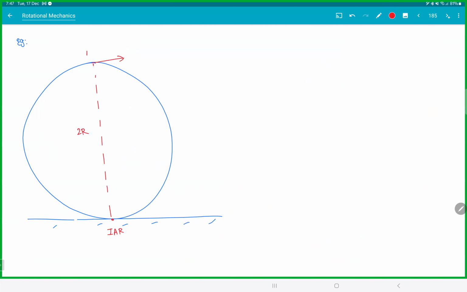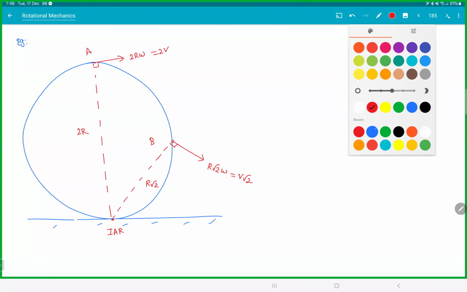So this point's velocity must be 2r omega, which is 2v because it's not slipping. If you take this point B here, this distance will be r root 2. This velocity must be r root 2 omega, which is v root 2.